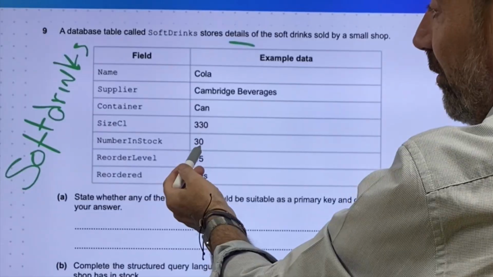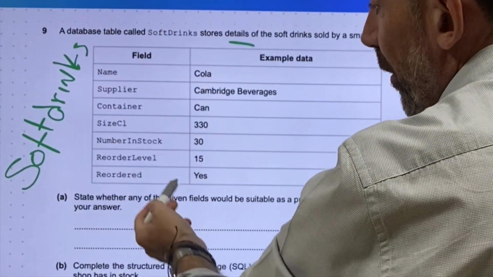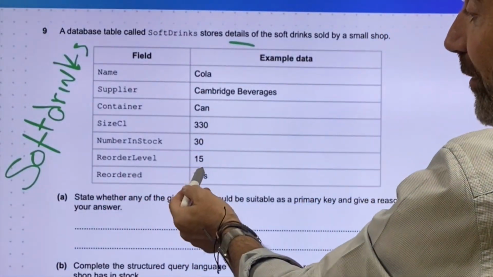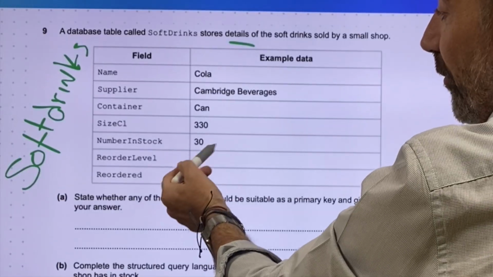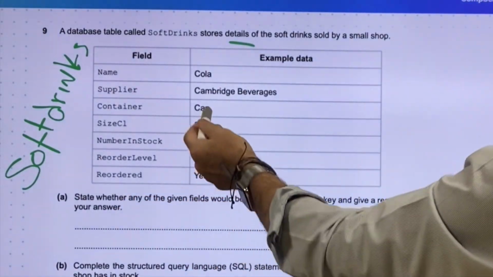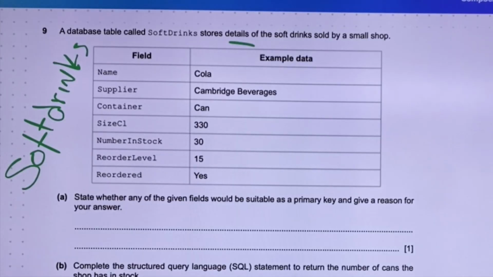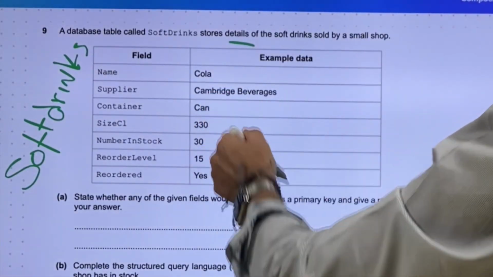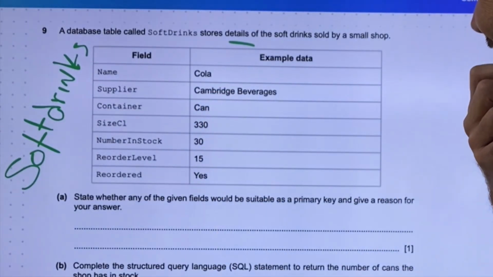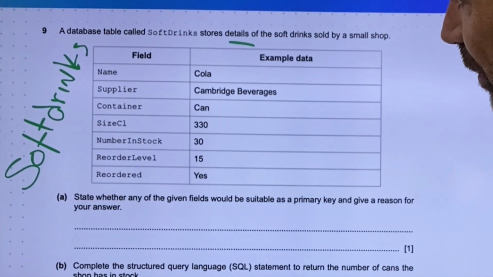Number in stock, there's 30 of those cans have come in. Reorder level, when the stock gets down to 15, then we order some more. When there's half the stock left and reordered, it has been reordered. Okay, so we've got a Boolean, we've got some numeric values. Okay, good. What I can't see there is any indication of a primary key.